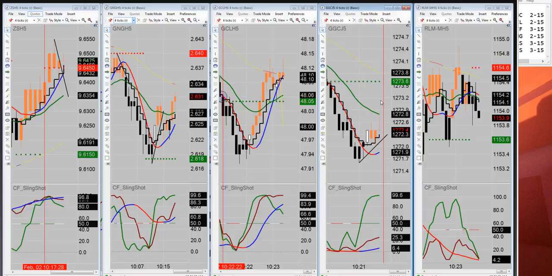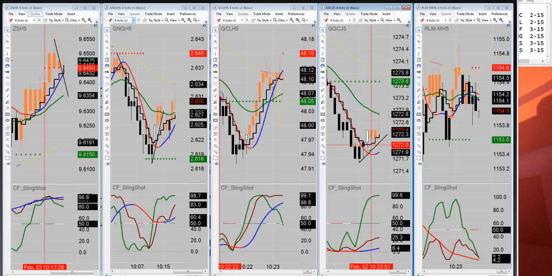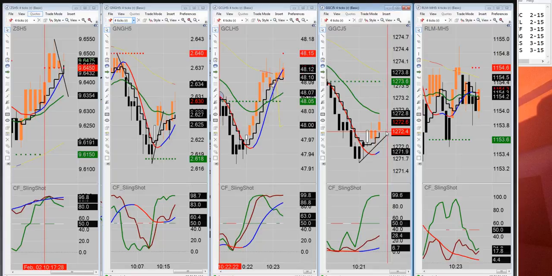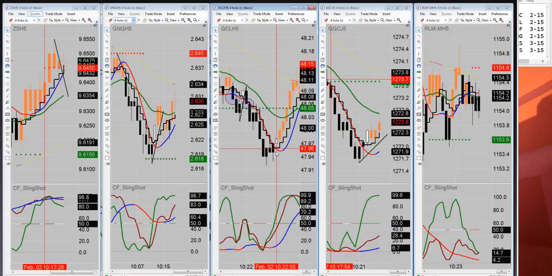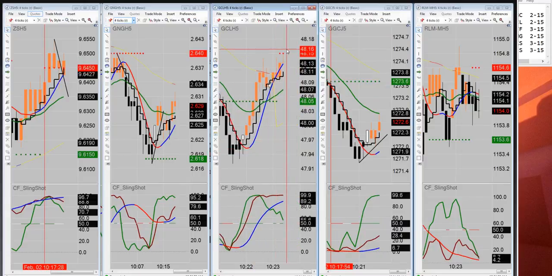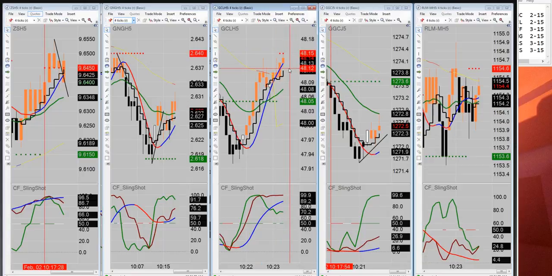All right, on the gold now, guys. We're still looking for a down close below this trend line right here. Still looking for that. Okay, on the crude an up close over here. 48.12 is the low, 48.16 would be the high.